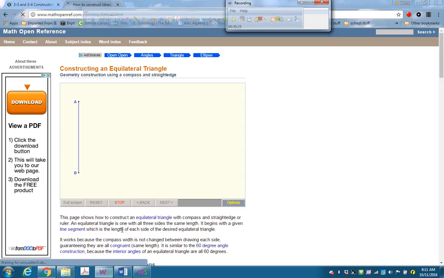So you start by having a line segment, stretching that length. This is the way I did it. Making a mark there. They do it different than I do. Oh, they're not building it off the same. Oh, okay. So that's how you do.